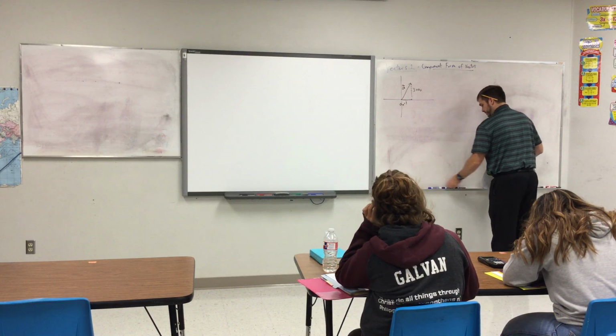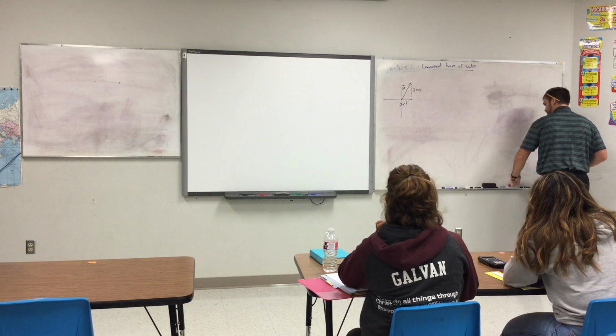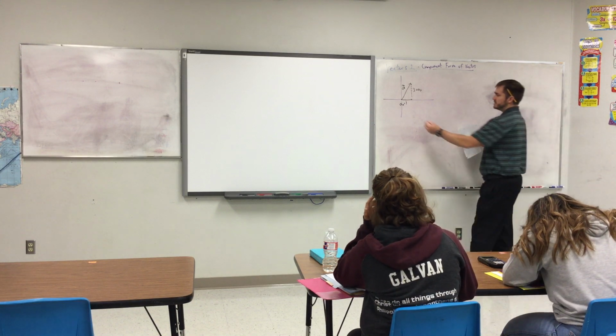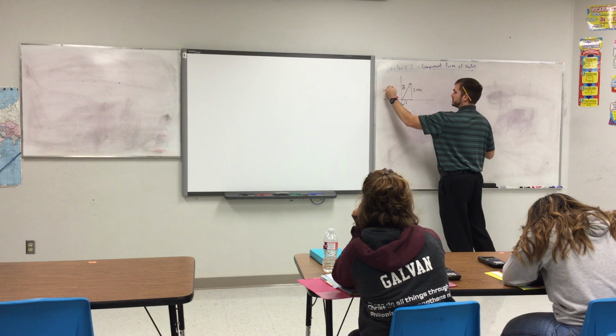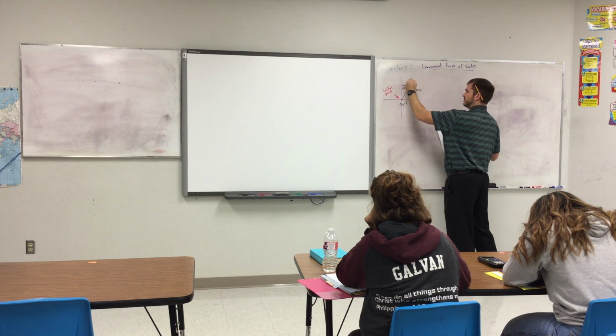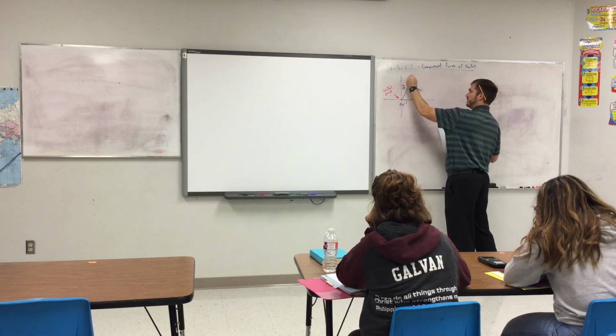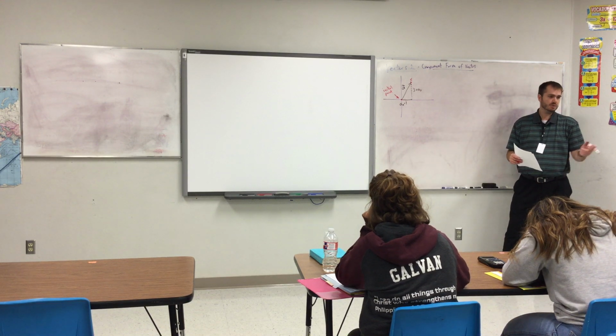That blue didn't work out very well, so we're going to push it over here. Let's try this red. Now this starting point is what we call the initial point. The ending point, well, it makes sense to call it the ending point, but we don't call it the ending point, we call it the terminal point.